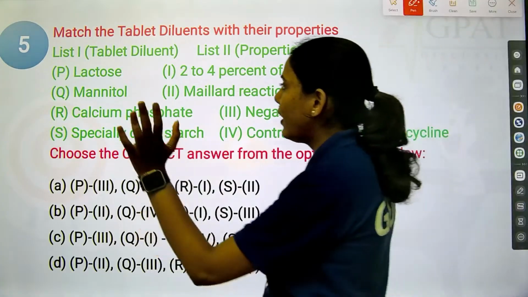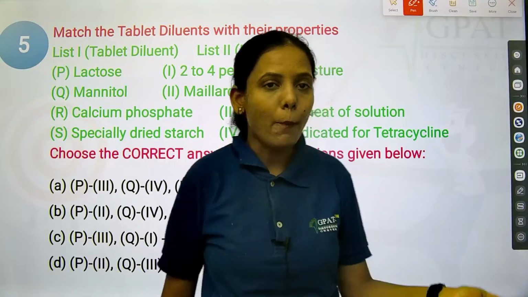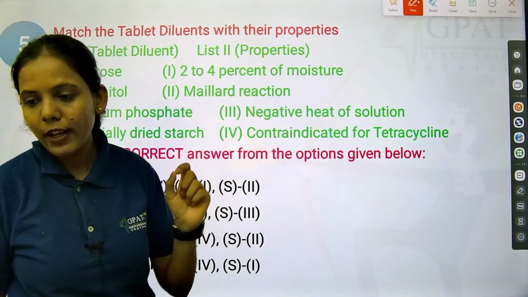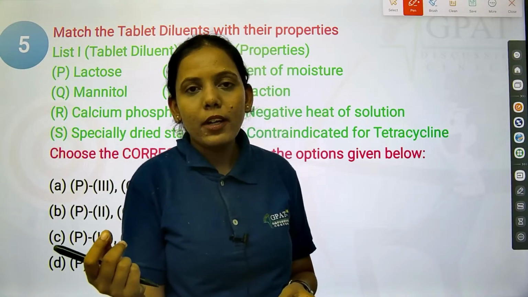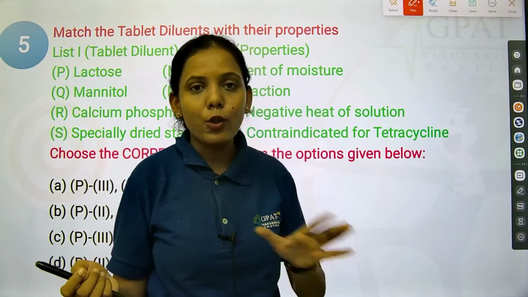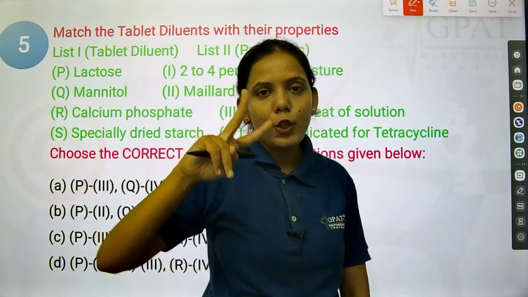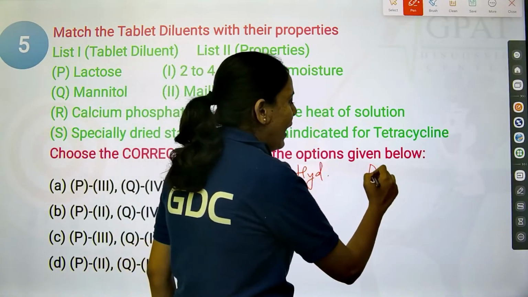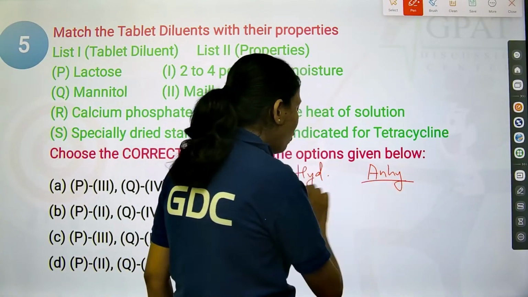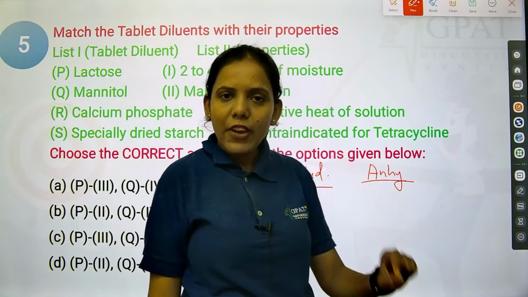Basically here it is given as a list of tablet diluents, and you should know the properties or match them. First is lactose. A classic example, and the reaction that lactose undergoes is the Maillard reaction. First of all, remember there are 2 types of lactose: hydrous and anhydrous. Most students get confused about which undergoes the Maillard reaction. Very simple.